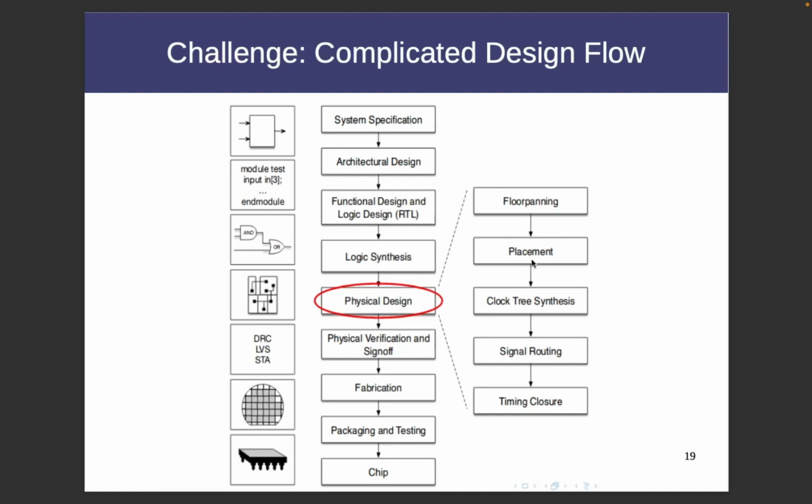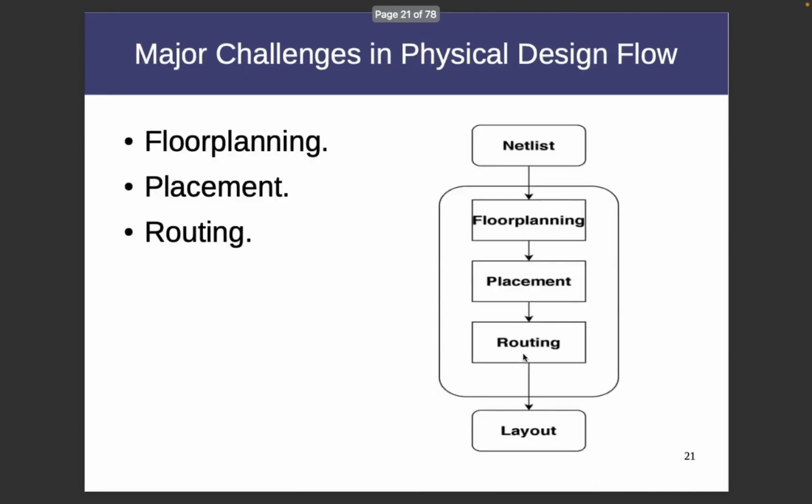Then we check how the clock reaches all of the blocks, and we test and verify, and then we do the routing and the timing analysis. So these are basically the important steps in the physical design flow.